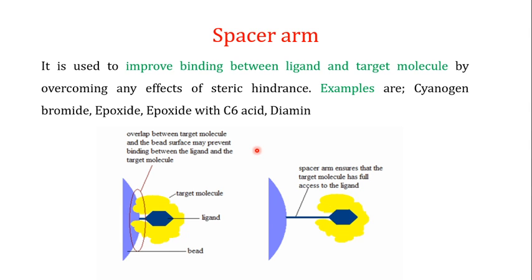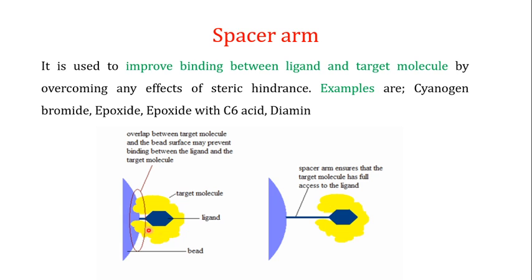The second component of the stationary phase is the spacer arm. Now this spacer arm is used to improve the binding between the ligand and the target molecule by overcoming any effect of steric hindrance. Now if you look at this particular diagram, this blue one is your matrix, this one is your ligand, and this yellow one is your target molecule.